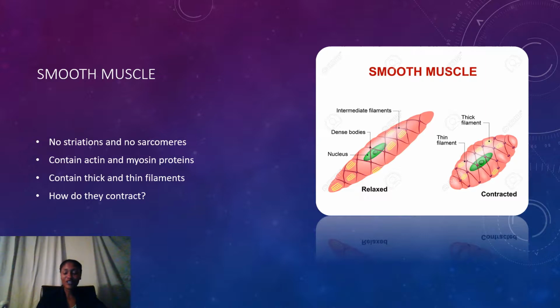That means they convert the ATP to ADP and Pi, and that Pi attaches to the head of the myosin. These heads then attach to the actin binding sites and pull on the thin filaments. Thin filaments slide past the thick filaments, and they pull on the dense bodies. This entire arrangement causes the muscle fibers to contract, like you see in the picture here.